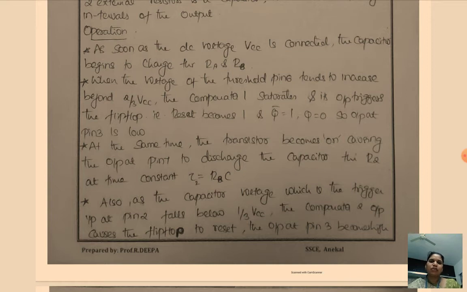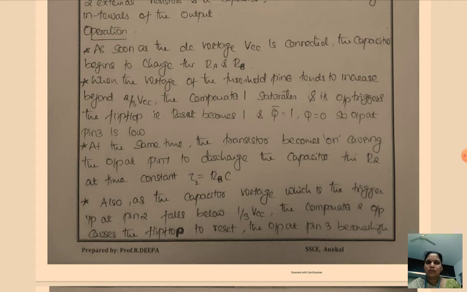If reset is 1 for the SR flip-flop, the output will be reset, that is Q will be 0 and Q bar will be 1. As Q bar is connected to the inverter to get the output of the 555 timer, the output at pin number 3 is low.